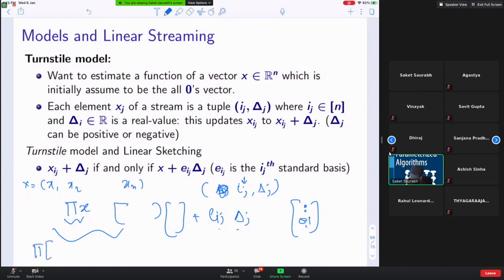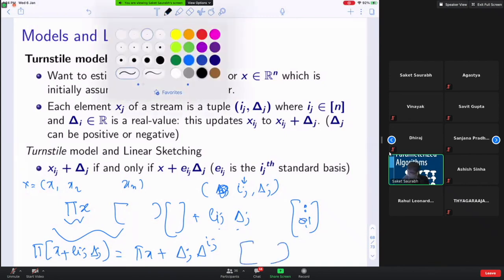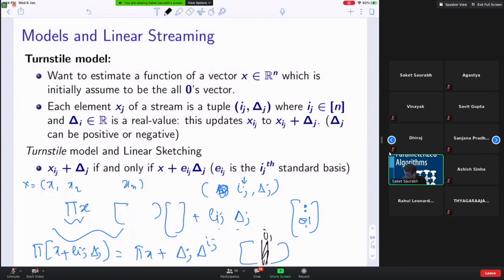What you want to compute is Πx plus Π e_ij delta j, which is nothing but Πx plus delta j times Π_ij. If you can generate the ijth column efficiently, then I can compute this vector correctly, no?